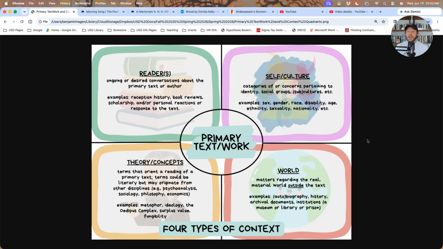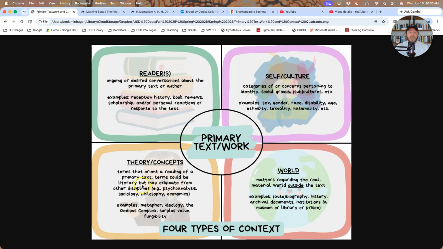So this is where you might consider categories of or concerns pertaining to identity, social groups, cultures, or subcultures. And so this is when we might ask questions about sex or gender or race, nationality, these sorts of categories, and how they might become an important frame and context for thinking about a poem.